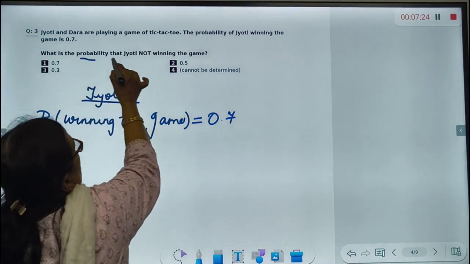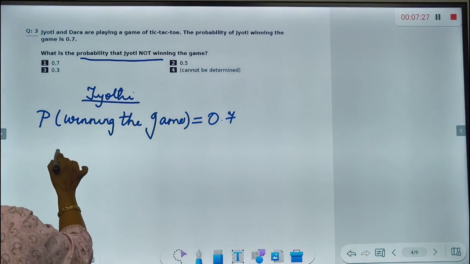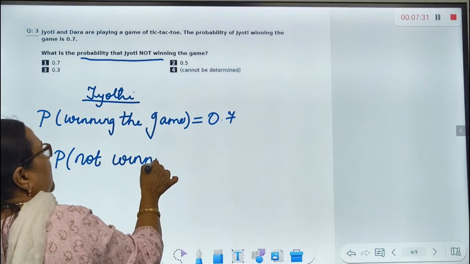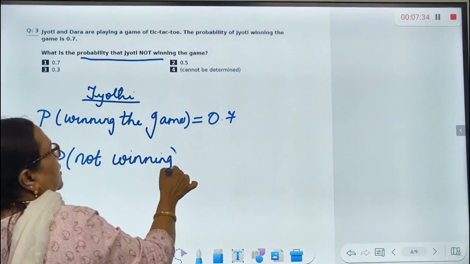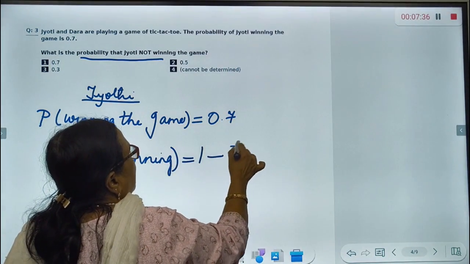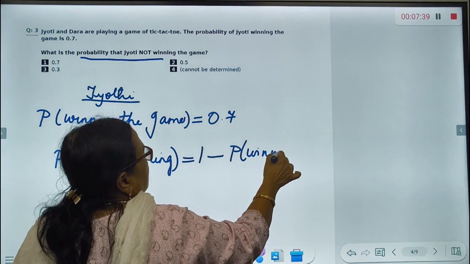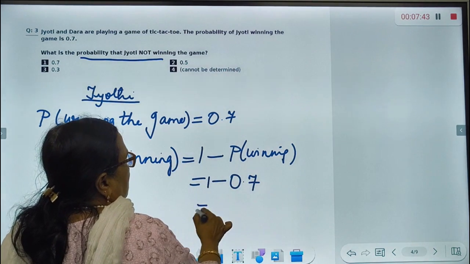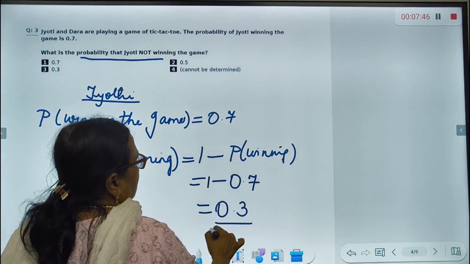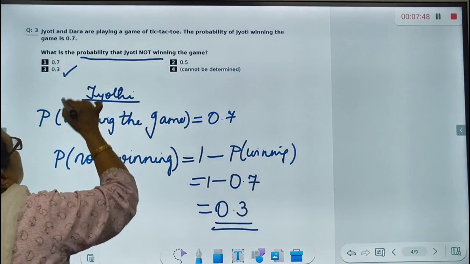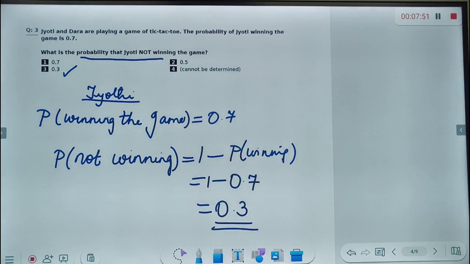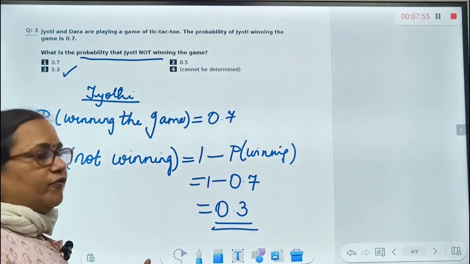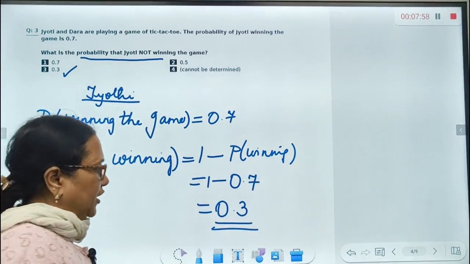What is the probability that Jyoti is not winning? So there are only two possibilities. Either you win or you don't win. So not winning will be 1 minus probability of winning. So 1 minus 0.7, which is 0.3. Because here there are only two options, winning or not winning, probability of not winning is 1 minus probability of winning.